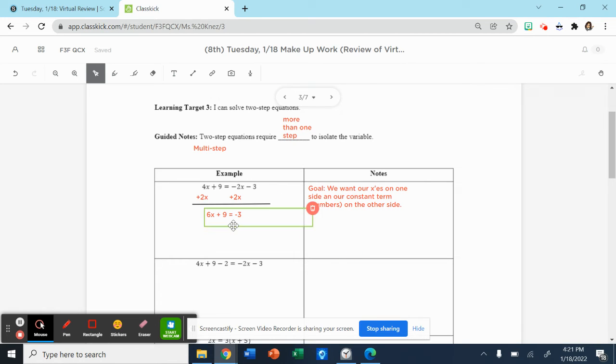Now I'm getting closer to just having x all by itself. I'm going to get rid of 9 on both sides. If I do that, I'm going to end up with one side that just has 6x. So 6 times some mystery number is equal to negative 12. Now things become a lot simpler, because to solve the equation, all I need to do is divide.